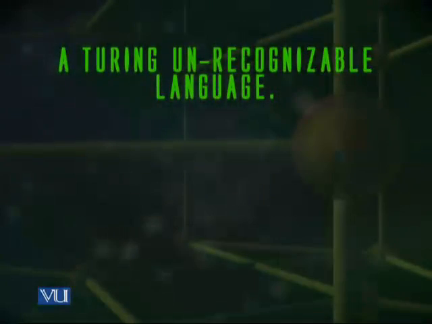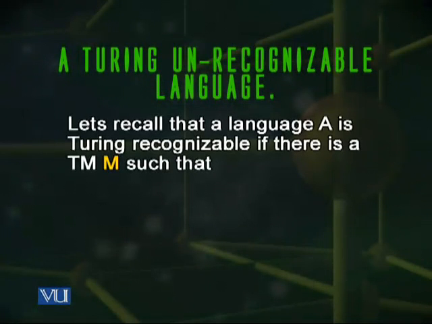Well, how about Turing recognizable languages? Let's first recall the definition of a Turing recognizable language. I call a language Turing recognizable if I can find a Turing machine which accepts all the strings that are in the language and which does not accept all the strings that are not in the language.